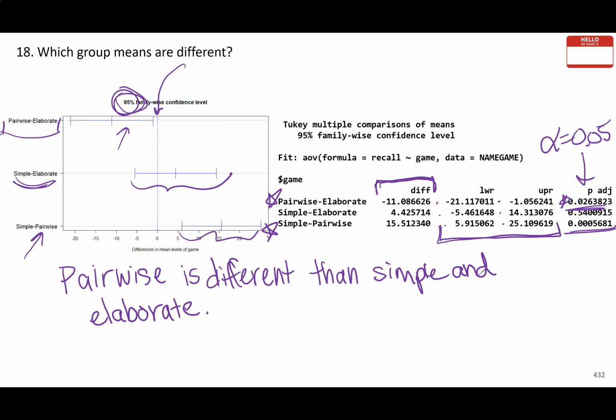So what this really comes out to is, remember at the very beginning when we went ahead and we remarked on the box plots and I said, hey, it looks like pairwise is lower than the other two? This is confirming what we saw, that yes, pairwise is lower than the other two. Simple and elaborate are close enough that we don't have strong evidence that they're different, but we do have strong enough evidence to suggest that pairwise is different than the other two.